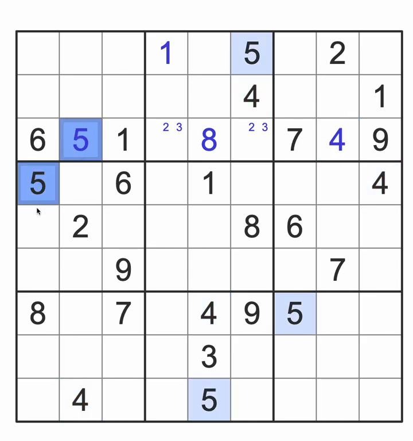And the 5 and the 5 and the 5 block these, gives me 5 here. And the 5 and the 5 block these, gives me 5 here. 6 blocks these, gives me 6 here.